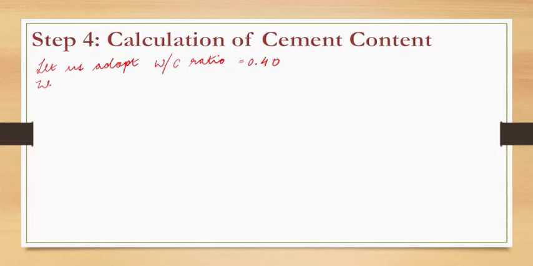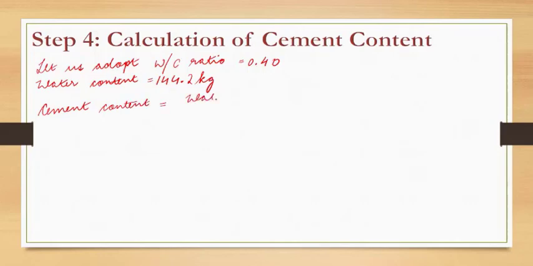Our water content we have calculated in the last step, which is equal to 144.2 kg. So since water cement ratio is equal to water content by cement content, cement content will be equal to water content by water cement ratio.